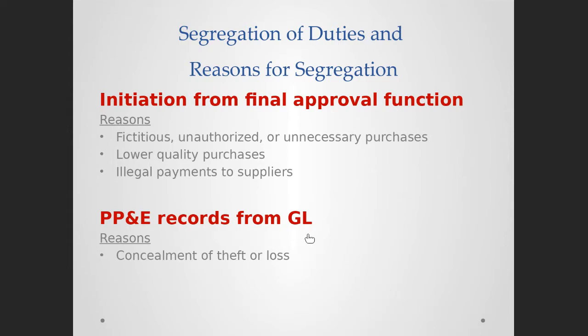The reason for two separate documents is that if one of these people wanted to hide a theft or loss of an asset, they cannot just remove it from the records because it's already recorded in another record. Removing it from one record will not delete the other. The company can still find the asset recorded somewhere else. So there are two separate records maintained by two separate departments.